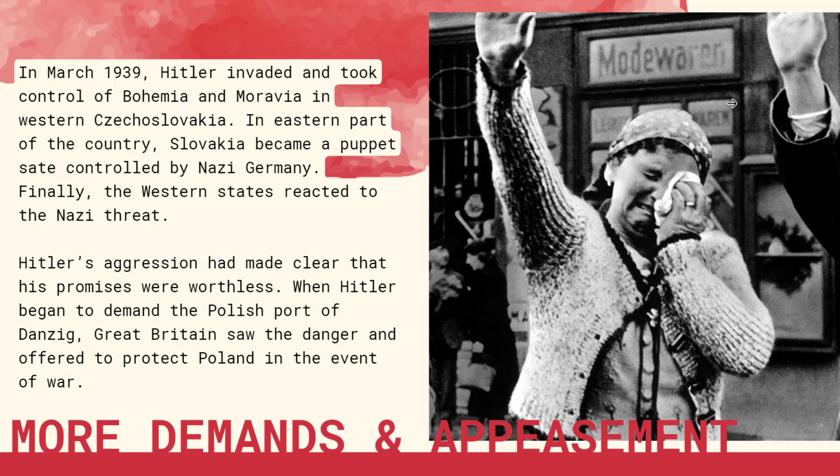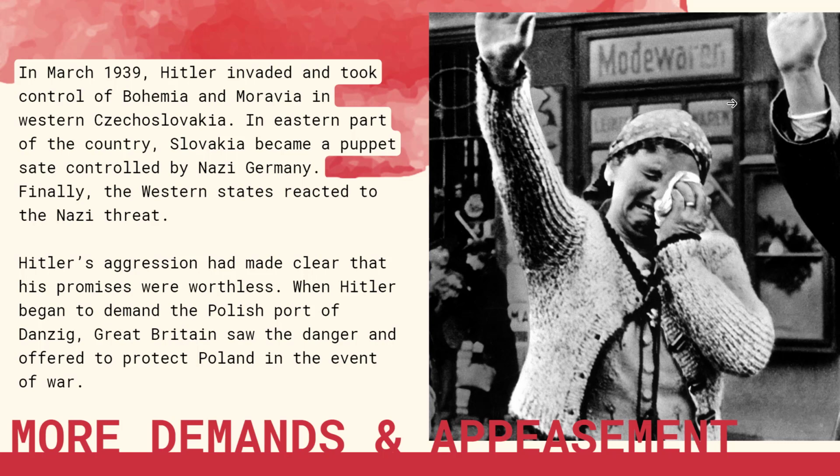Now, finally, there was no more appeasement. After taking control of Slovakia, Great Britain and France are like, this is a problem. This is clearly, he is not going to keep his promises. No duh. Right? So, Hitler now demands the Polish port of Danzig, which is in Poland, right?